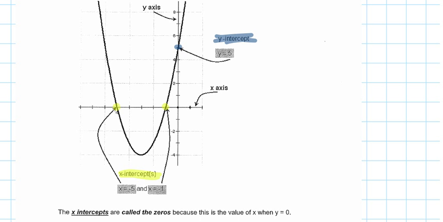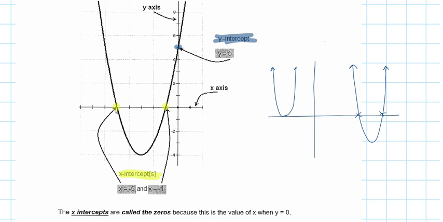Okay? So if I have something that looks like this, how many times is it intersecting the x-axis? It's intersecting twice. How about in this case? How many times is it intersecting? One.